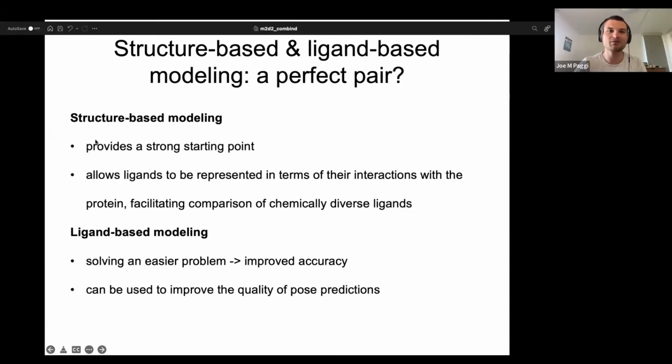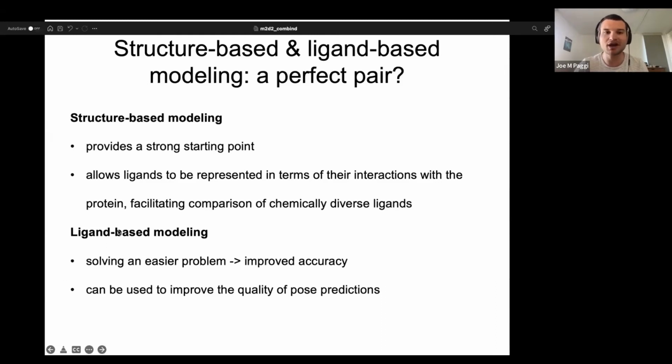In particular, for structure-based modeling, you get a really strong starting point because it can work well with no target-specific information. But importantly, it also boosts the performance of the ligand-based modeling by allowing the ligands to be represented by their interactions, which seems to be a space where even chemically diverse ligands can be meaningfully compared and knowledge can be transferred.